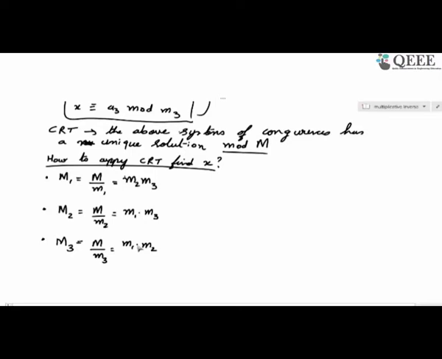Next, what you will first notice is that GCD of capital Mi comma small mi is equal to 1, because we have eliminated the small mi from this capital Mi, and therefore the only factors of capital M1 are m2 and m3 respectively.